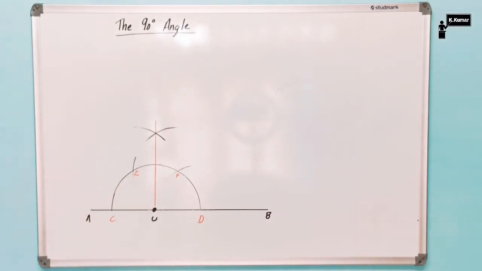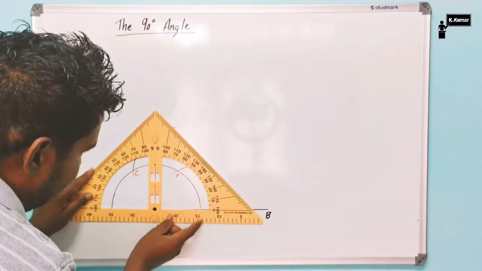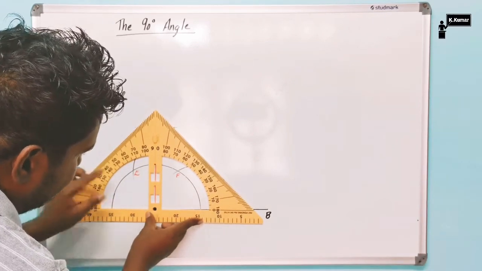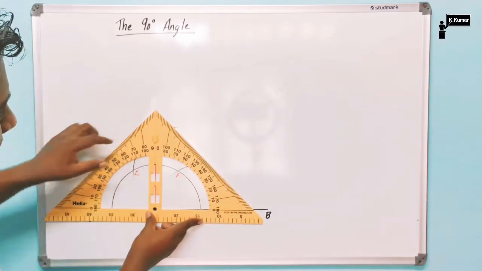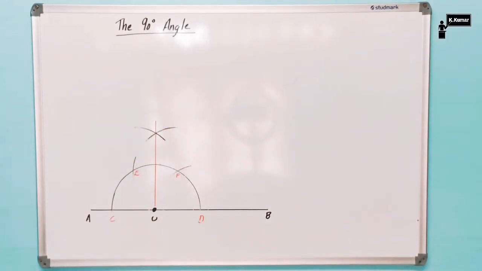The angle formed there is a 90-degree angle. So let me just use the protractor to verify. So we put the center there, and if you notice, it's passing straight through. So that's how you construct a 90-degree angle.